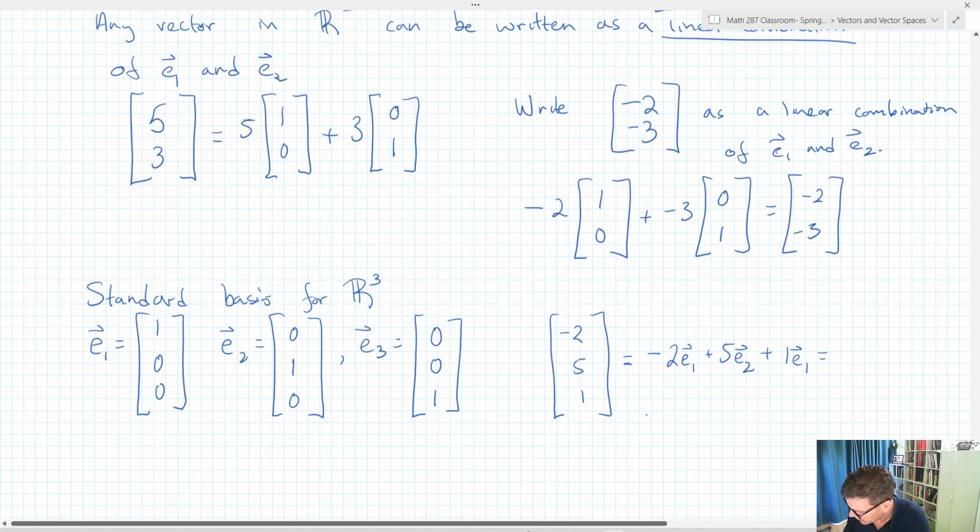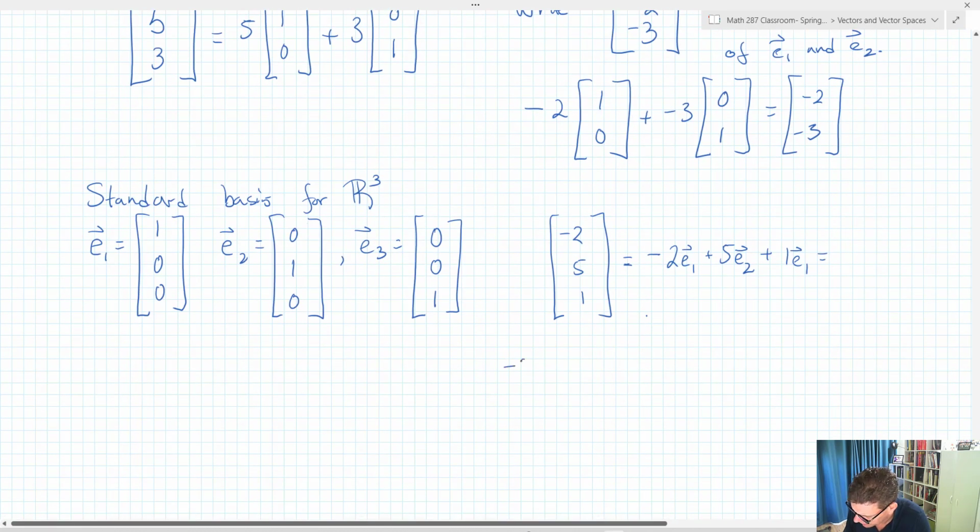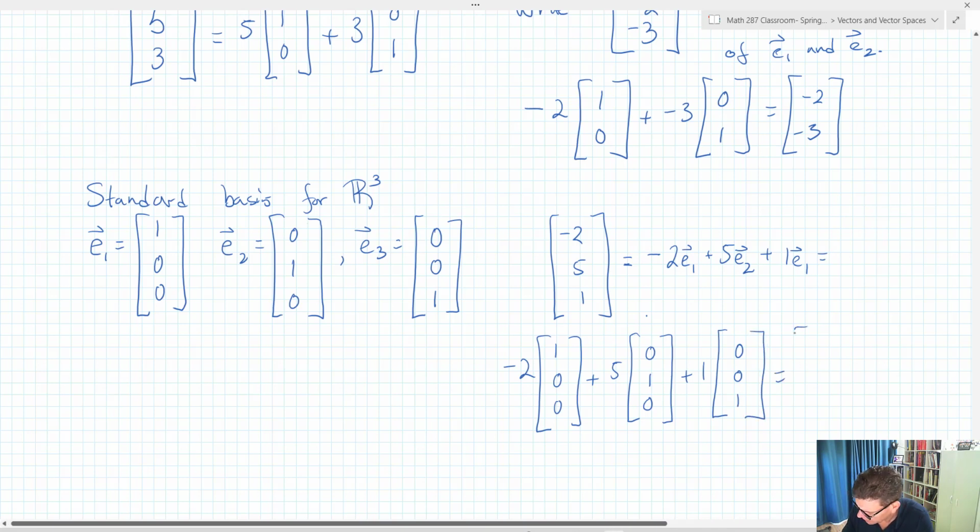And what you'll see is that's negative 2 times 1, 0, 0 plus 5 times 0, 1, 0 plus 1 times 0, 0, 1. And that ends up equaling negative 2, 5, 1.